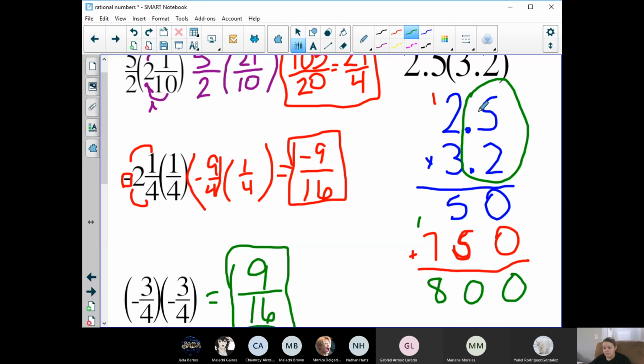When we multiply a decimal times a decimal, or a whole number times a decimal, before we say that we are done with our answer, we need to count how many numbers are behind the decimal in the problem. So in 2.5, how many numbers are behind the decimal?